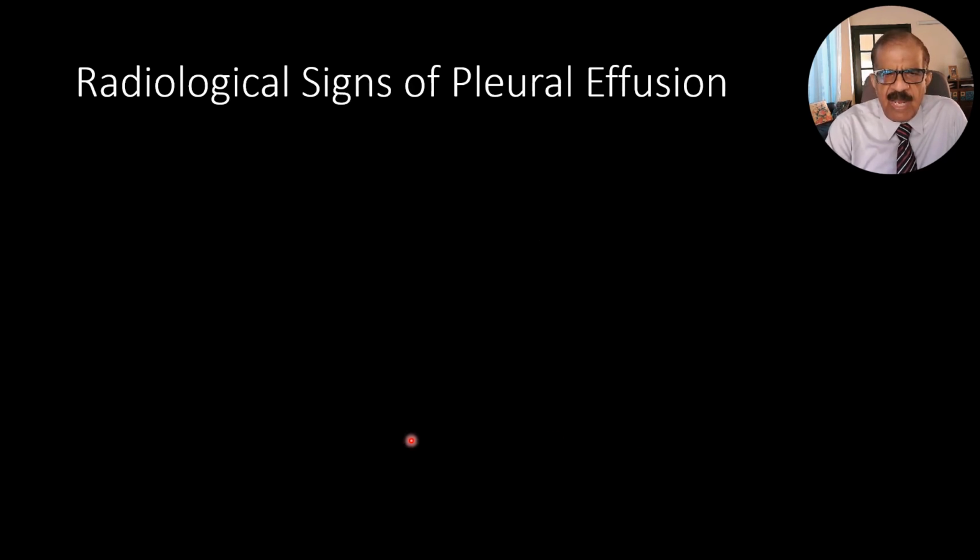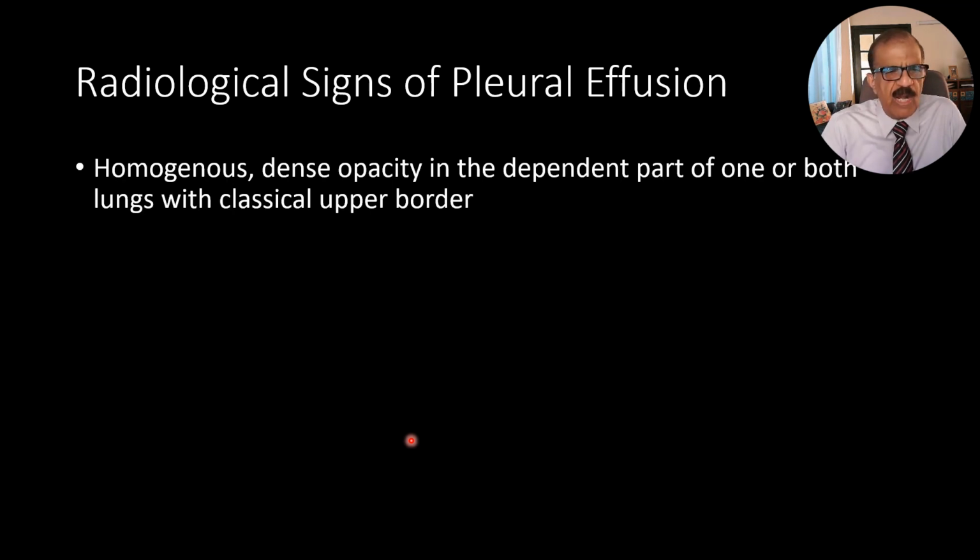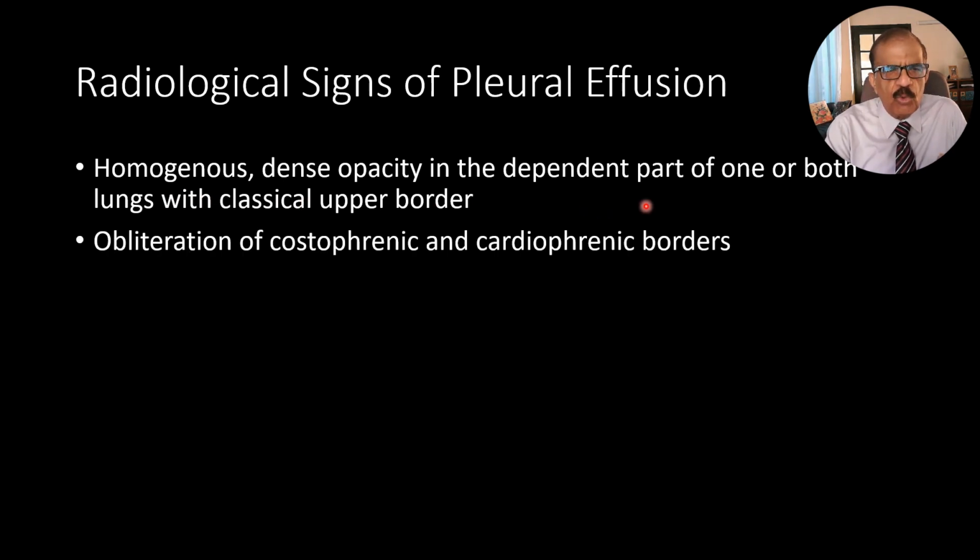Now this summarizes the radiological signs of pleural effusion. We have seen all of them, but just for you to memorize, and if you have to attempt an essay question, I think you need to know. Let me go through them one by one. Homogeneous dense opacity in the dependent part of one or both lungs with classical upper border.